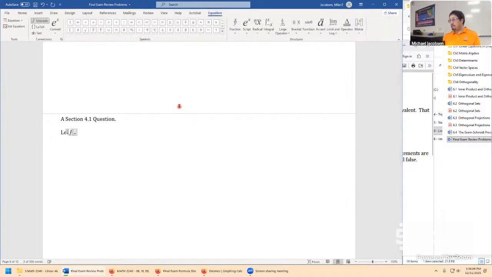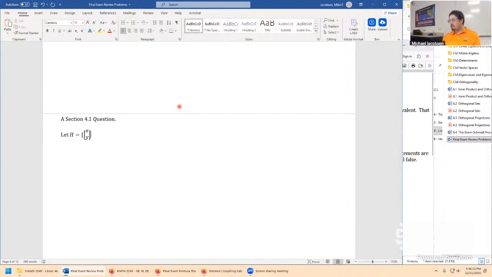Let H be equal to the set of vectors (x, y) such that, and let's just come up with something random here, how about the product xy is bigger than or equal to 0? We could possibly visualize that space if we think about what this would really look like to make that come out as true. But here the instructions are going to be specific.